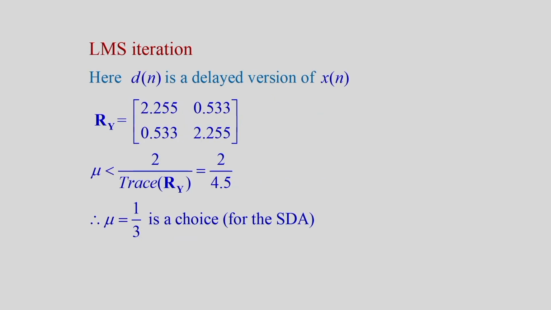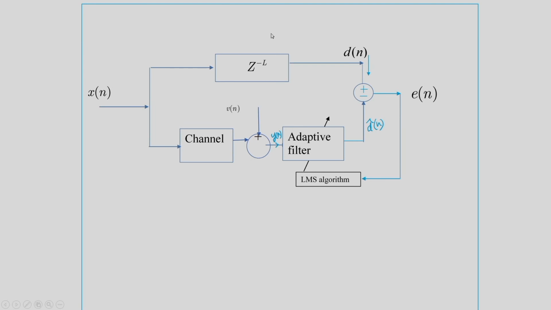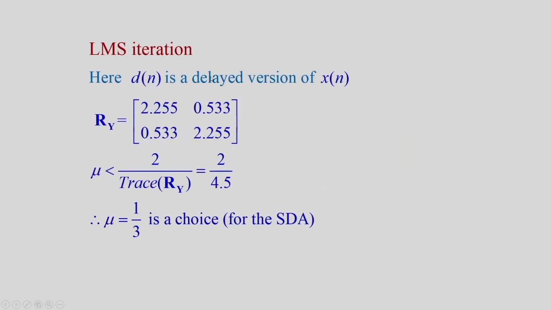Now, let us see how to get the LMS solution. So, we have to get d of n in this diagram. d of n is a delayed version of x of n, that is also input to the algorithm, and Ry is given by this. In this case, we can determine what should be the value of mu, because Ry is given.